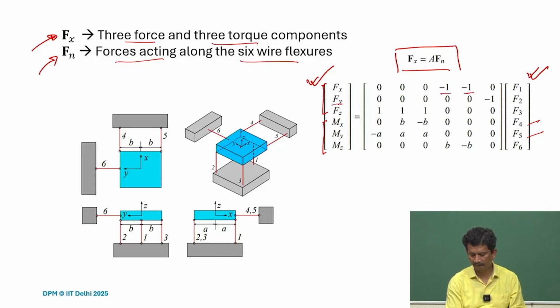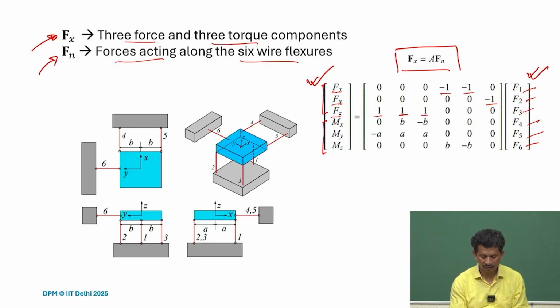Similarly, Fy is nothing but along 6, so the last component minus 1, so F6. Fz, 1, 2, 3, and it's the vertical direction, so it's all positive, so 1, 1, 1.